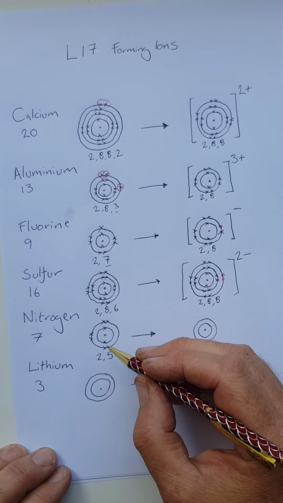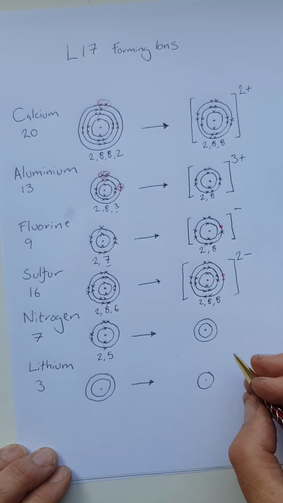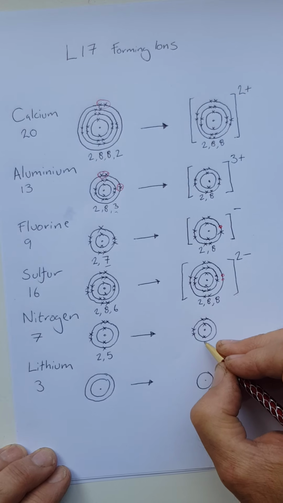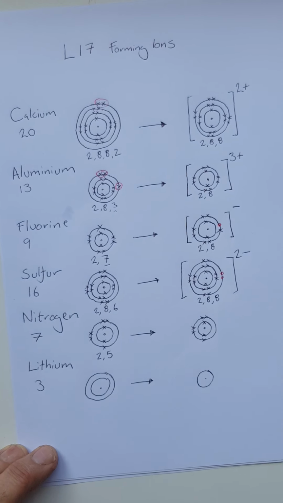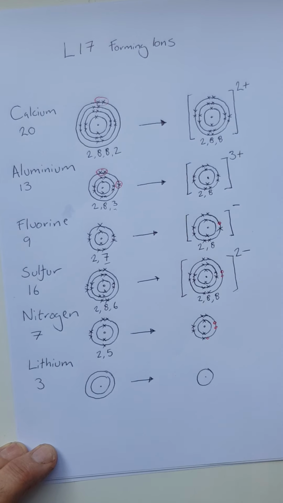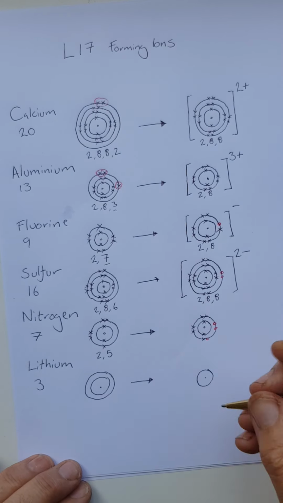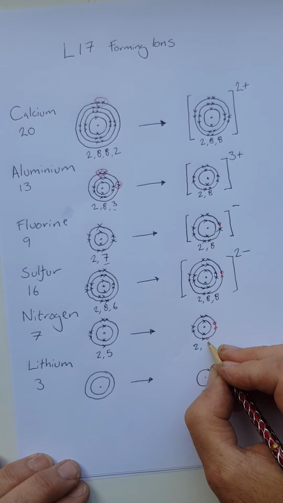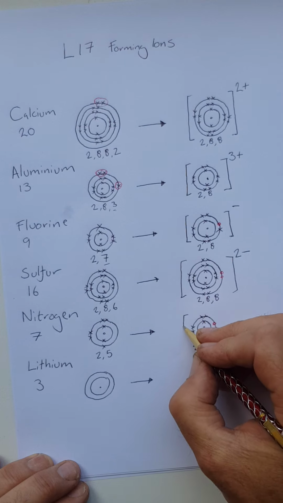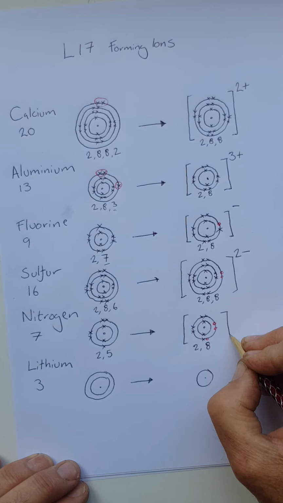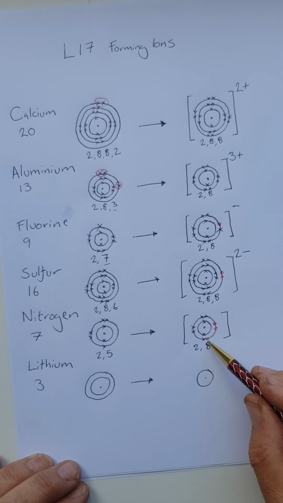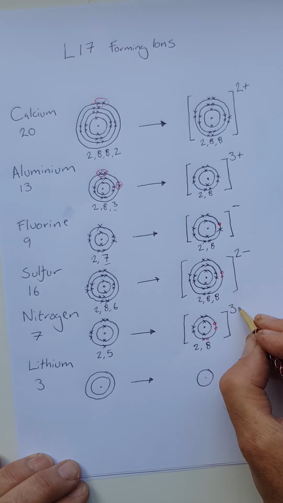It can't lose 5 electrons, but it can gain 3 to become this: 1, 2, 3, 4, 5, 6, 7, and then 3 electrons that it's gained from a passing metal, probably, to become that, 2 and 8, which is the configuration for neon. It's got brackets around it because it's now got a charge, and you can guess the charge. It's now got 3 extra electrons, so that makes it a 3-.